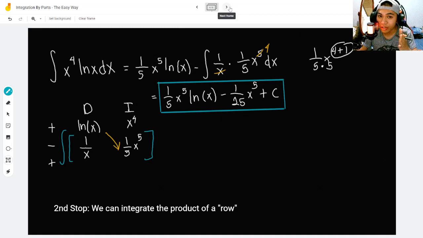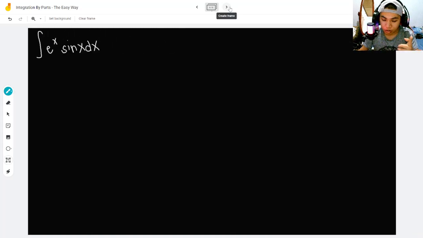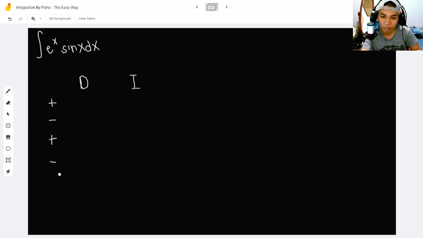Now we actually have a third step, and we can find this in our third integral. We have the integral of e to the x sine x dx. Okay. Now we choose our parameters to be differentiated and integrated. So we put our D and I and our plus minus plus minus. Okay. So let us differentiate e to the x, and we will integrate sine x.